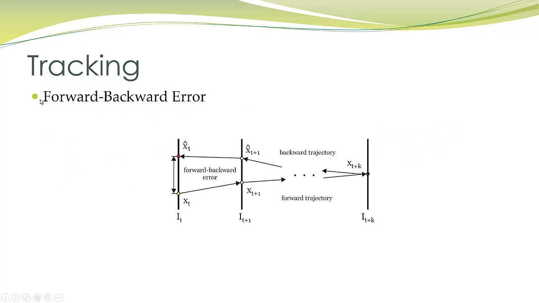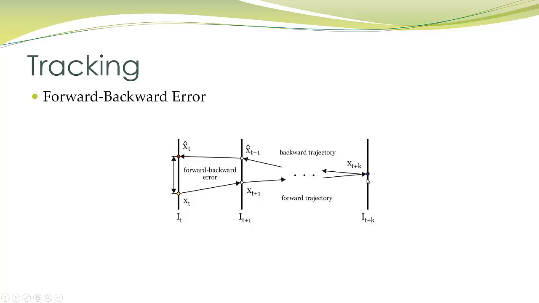Let's first take a look at what forward-backward error means. Forward-backward error means first you have your first frame at x_t, and you track it to x_t+1, and you continue this process until x_t+k.